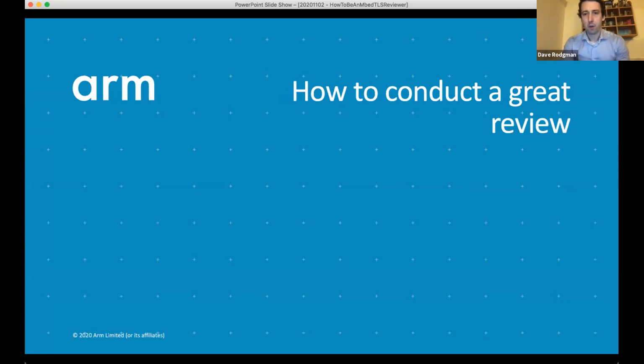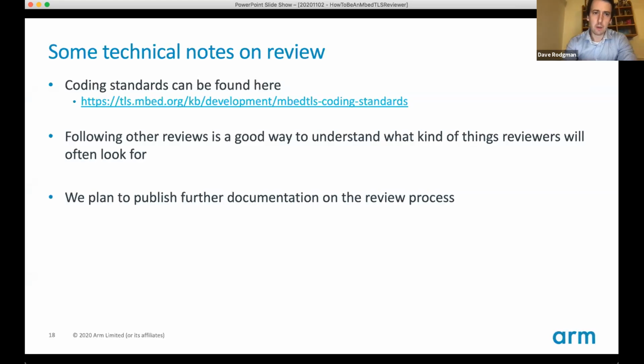So, final section of the talk, just a few notes on what we might ideally look for in a good review. We have a coding standards document, and obviously we expect PRs to conform to that, and when they don't, reviewers should point that out.